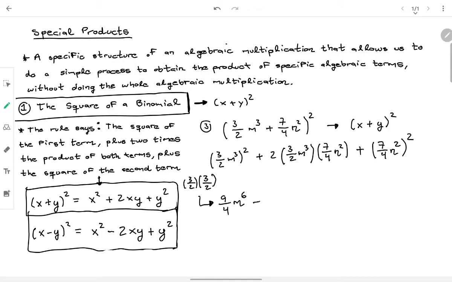Then it's like having number 1 here. So it's like multiplying 2 by 3 halves by 7 fourths. So we can simplify this 2 with this 2.